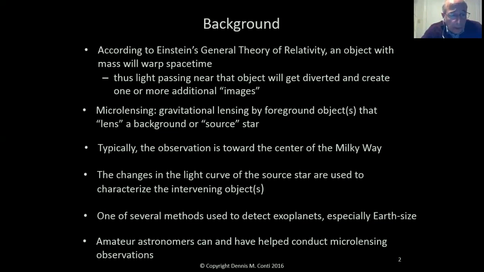And finally, we amateur astronomers have been able to help the professional astronomers conduct microlensing observations. In fact, we're going to be talking about one that I conducted just a few days ago. Mary Lou alluded to it in her research report, and we'll see an actual example of an amateur astronomer observation of a microlensing event.